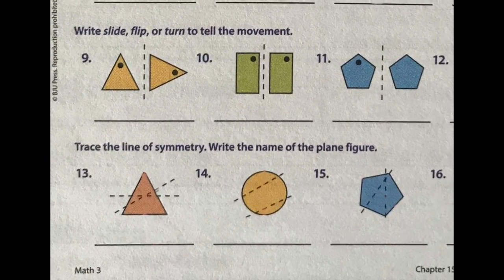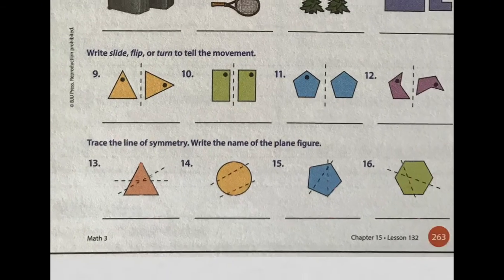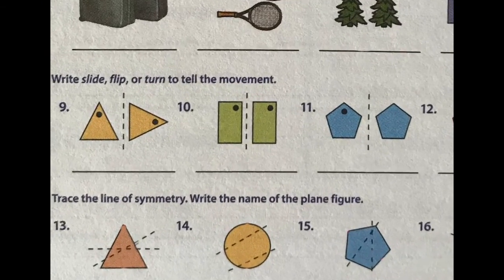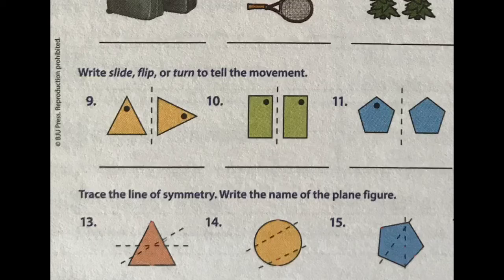Numbers 9 through 12, the directions say write slide, flip, or turn to tell the movement. And don't forget to look at the dot, because that's going to let you know where the starting position is.